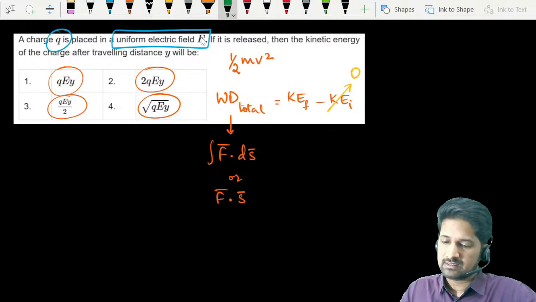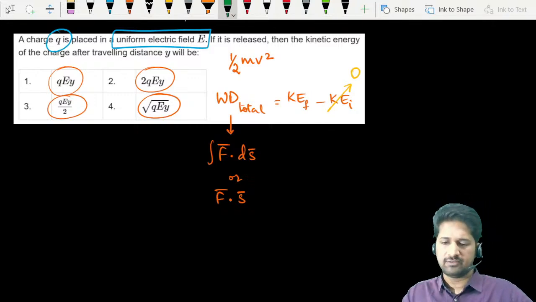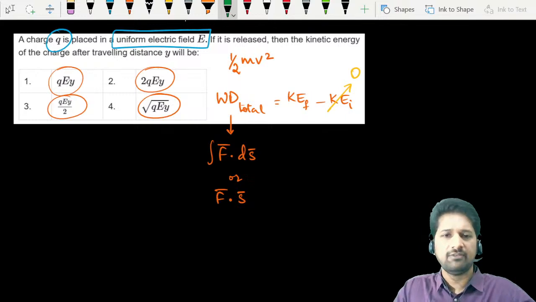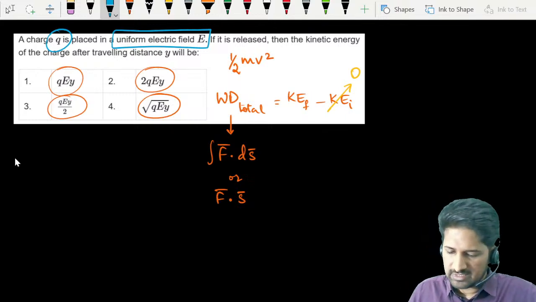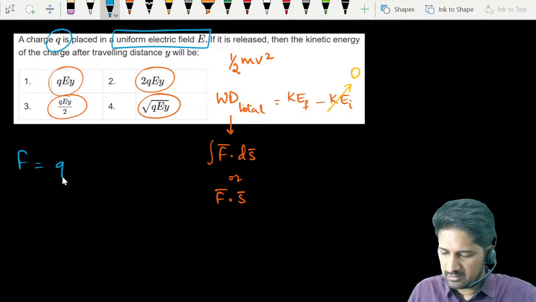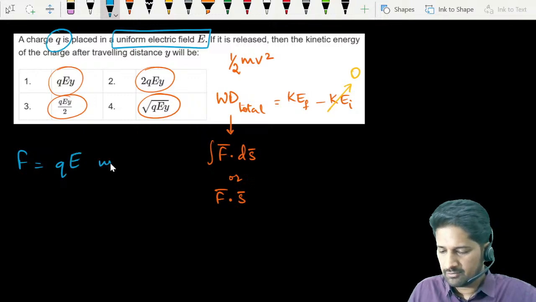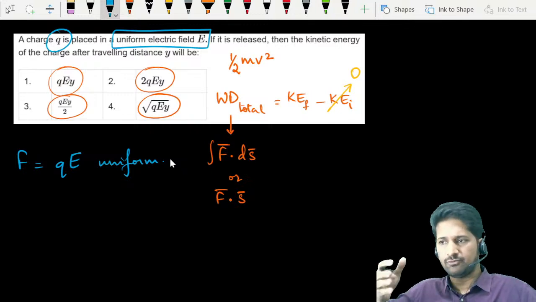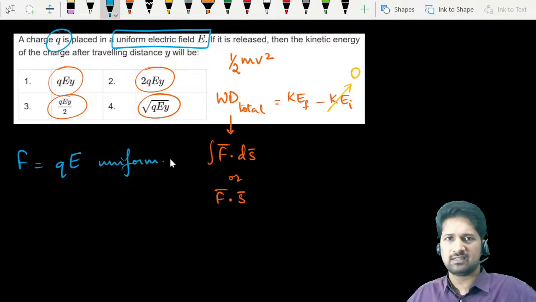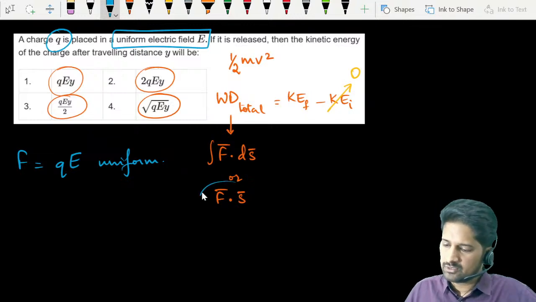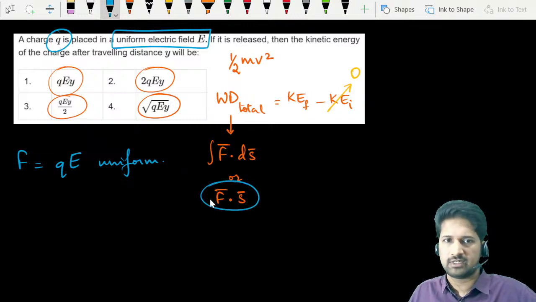Now in this case the electric field is uniform and the charge is fixed. So if the electric field is uniform, the force experienced by the charge, QE, will also be uniform. The field is the same everywhere, so the force Q times E is also the same everywhere, along with direction. So you can use this formula F dot s to calculate the work done here.